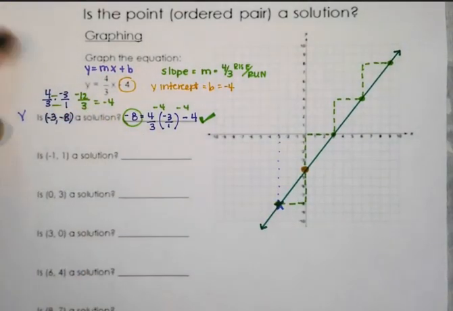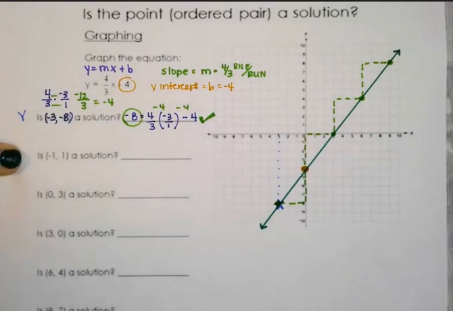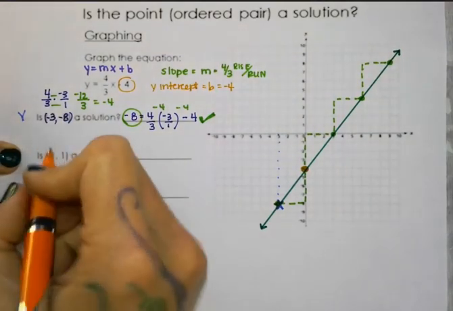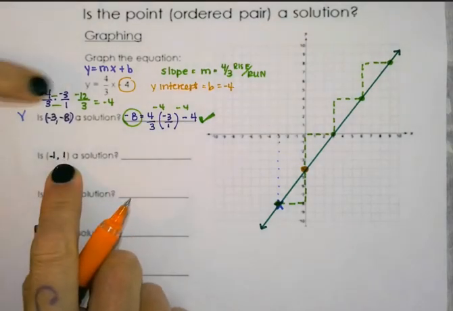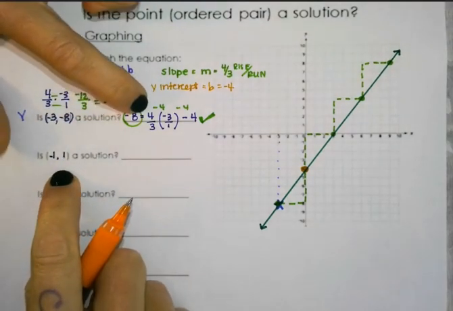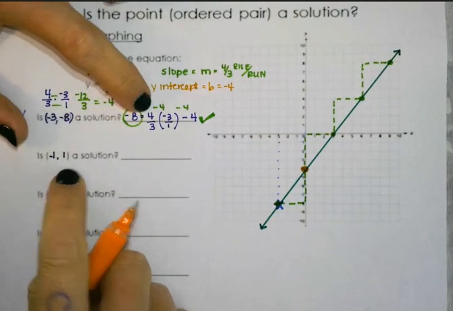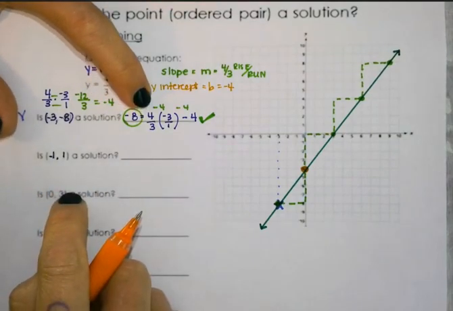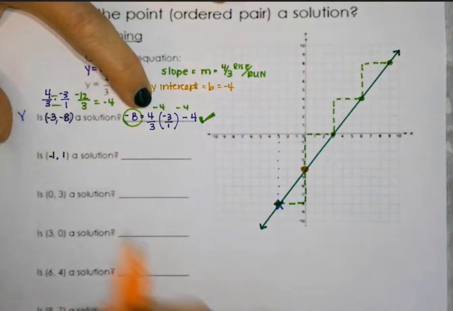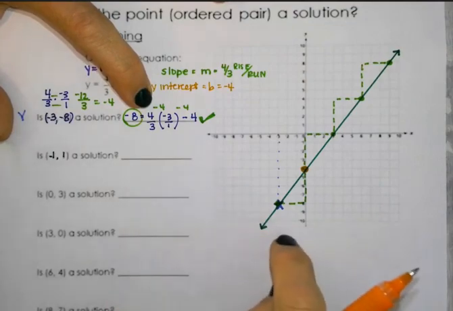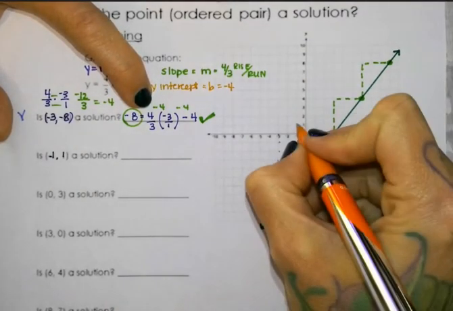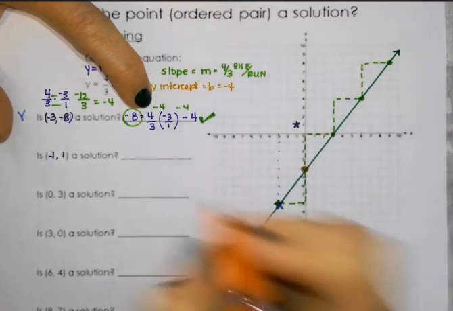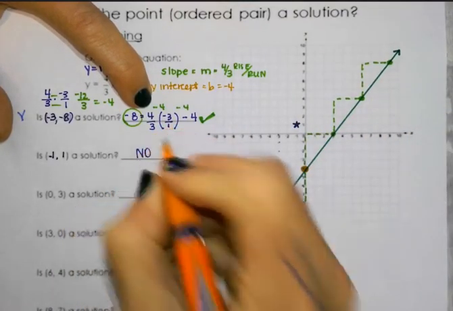So that's a yes. -1, -1 is the next one they want us to check. This one is not going to be as nice and neat when you multiply, just because you're going to keep that fraction and then it'll have to move around a little bit. So maybe not your favorite. Probably a better one for our actual worksheet. So -1, +1, not on the line, so that's a no.